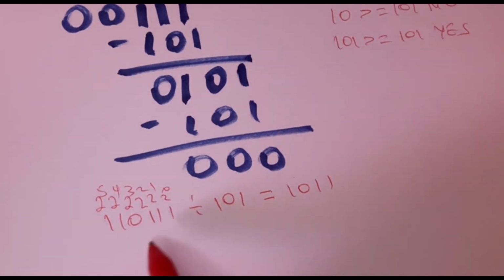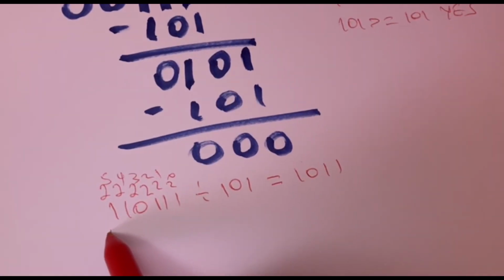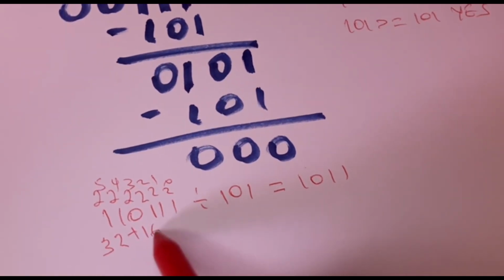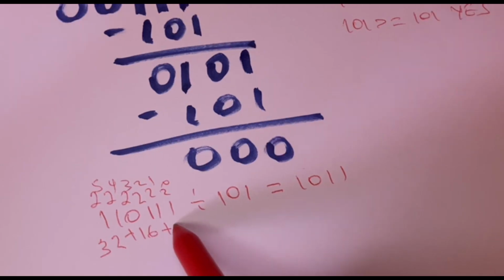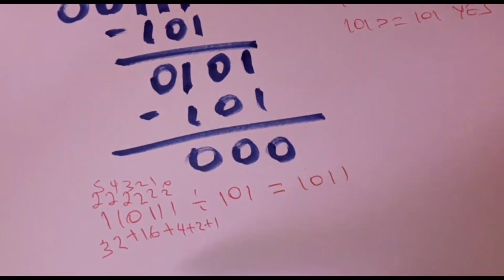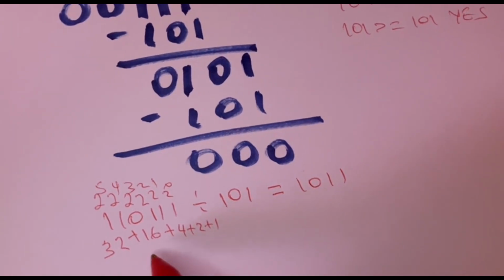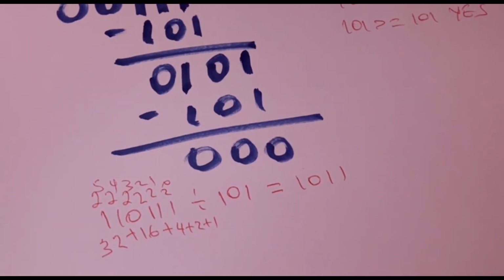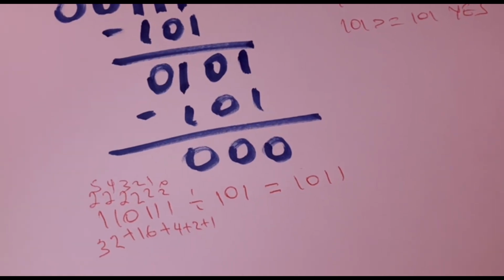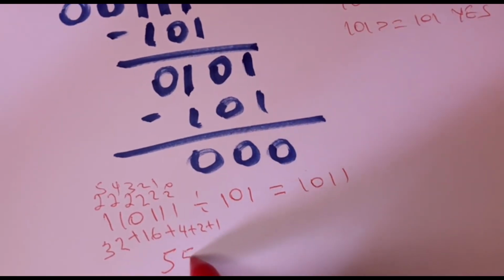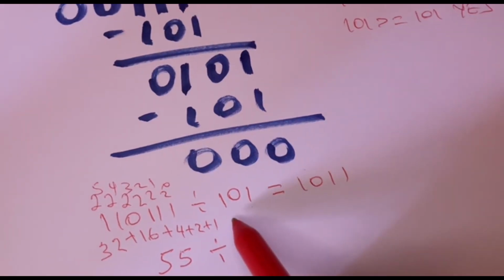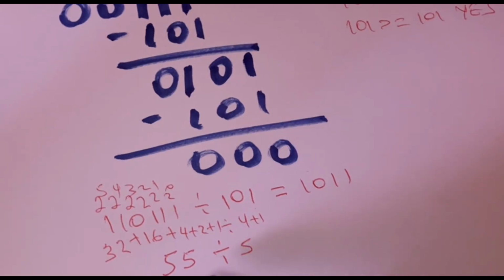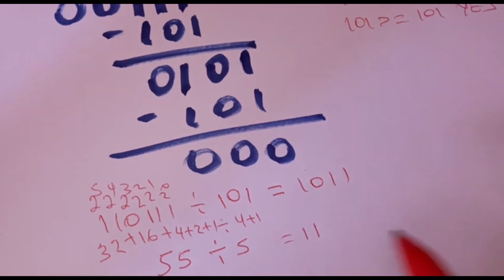So to the power of 5 is 32 plus 16, we ignore this 0, plus 4 plus 2 plus 1. So 32 plus 16 plus 4 plus 2 plus 1 will be 55. This is 55, divided by 101, which is 4 plus 1, is 5. So 55 divided by 5 is 11.